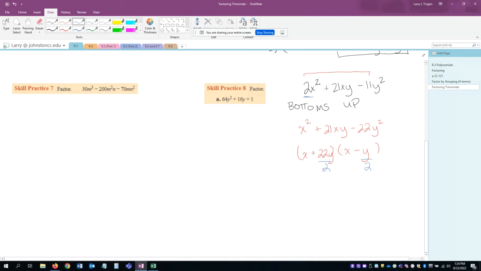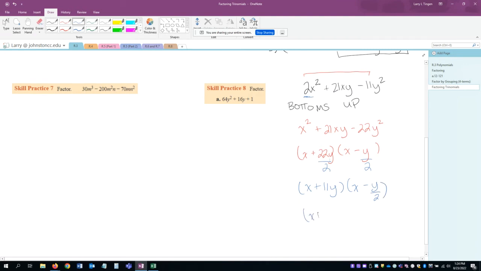So there's A, and here it comes back. Some of these will simplify, some of them won't. x plus 22y divided by 2. 22 divided by 2 is 11. y is still there. Now this one will not simplify because the coefficient is 1, so there's no division to be done here.